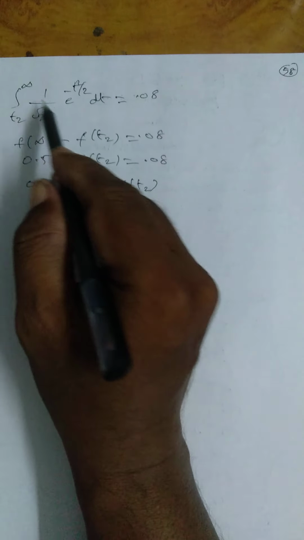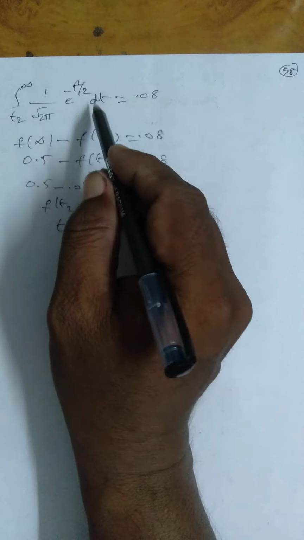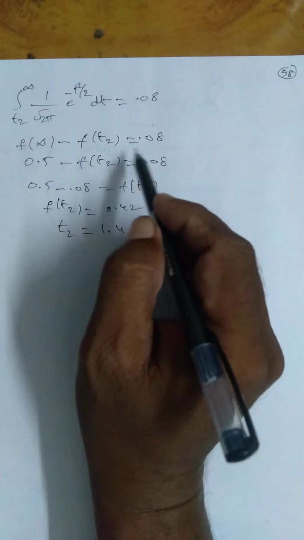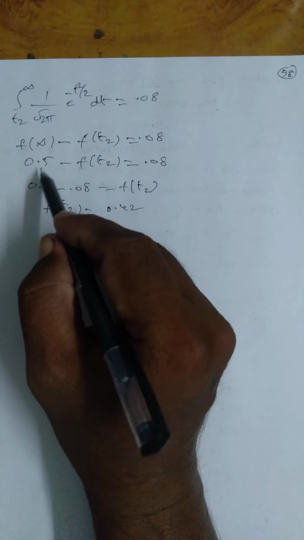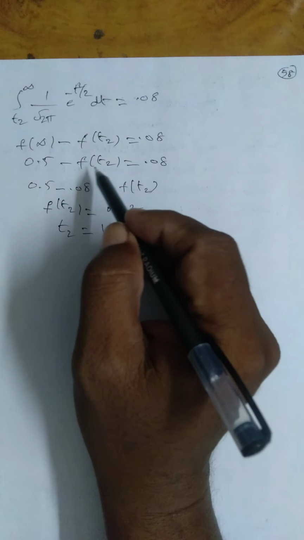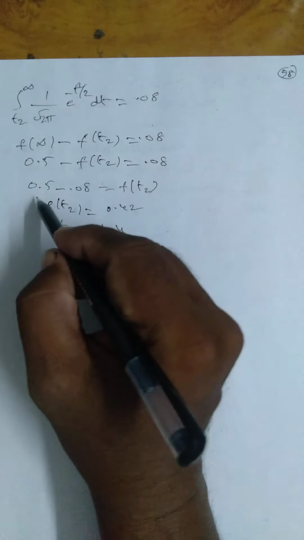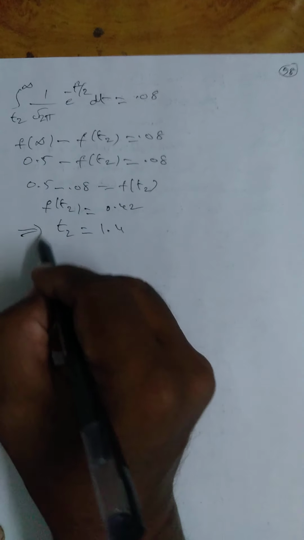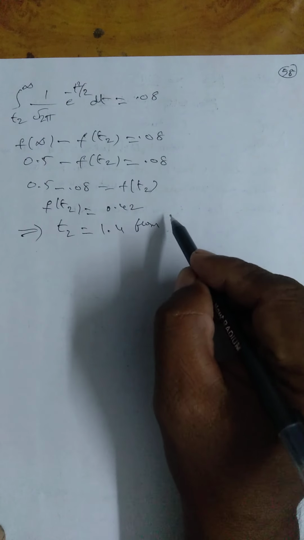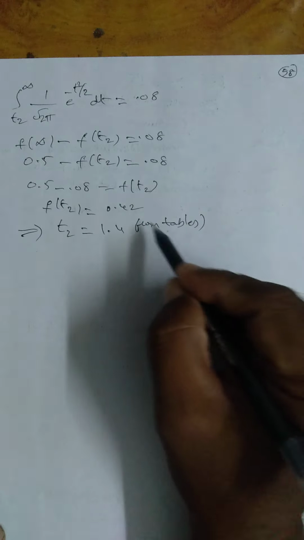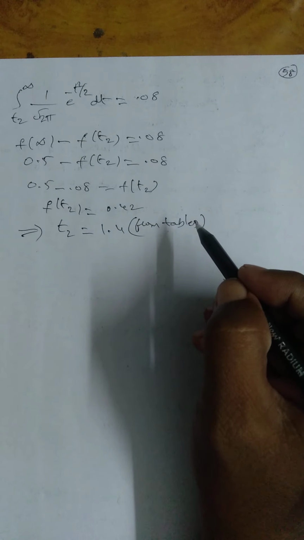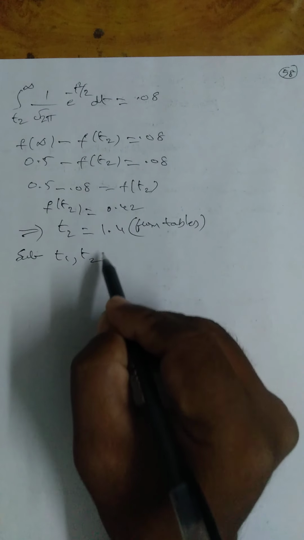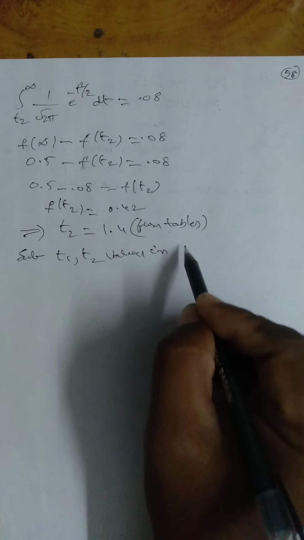So the integral from t2 to infinity of 1 by root 2 pi e power minus t square by 2 dt is equal to 0.08. F of infinity minus f of t2, where f of infinity is 0.5. So 0.5 minus f of t2 is equal to 0.08. From this, f of t2 is 0.42. From tables we get the t2 value 1.4. Substituting T1, T2 values in the above.